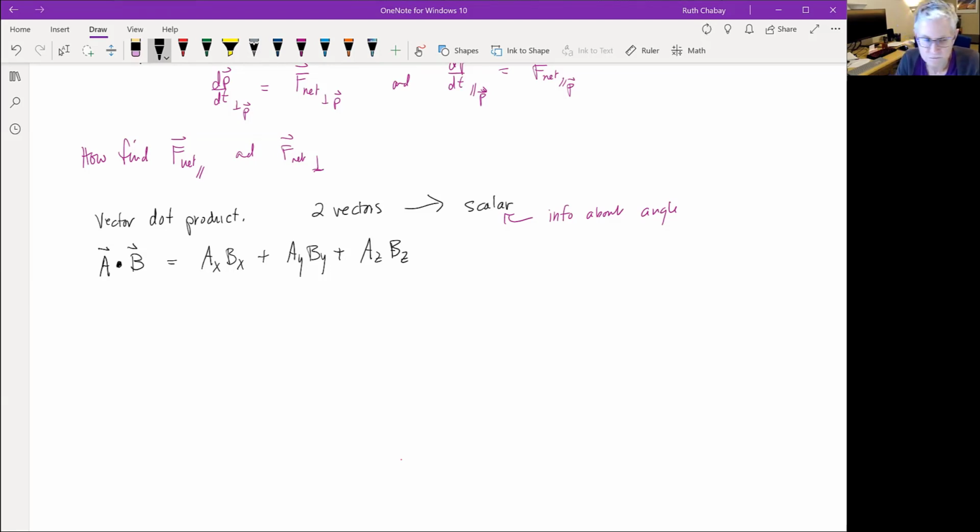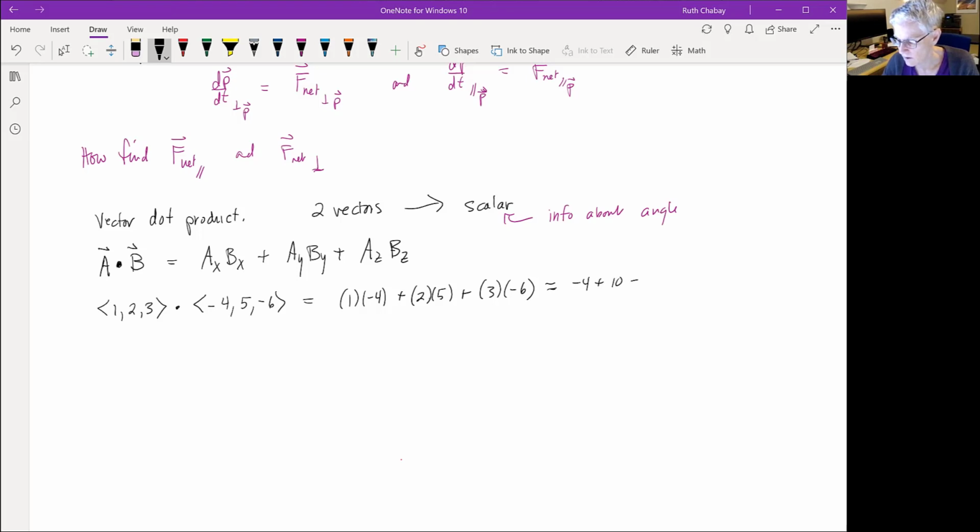scalar. So for example, if we had a vector 1, 2, 3, if that's our vector A, and we take the dot product with a vector -4, 5, -6, we would get the sum 1 times -4 plus 2 times 5 plus 3 times -6, which is equal to -4 plus 10 plus -18, which gives us -12, if I can do arithmetic correctly.